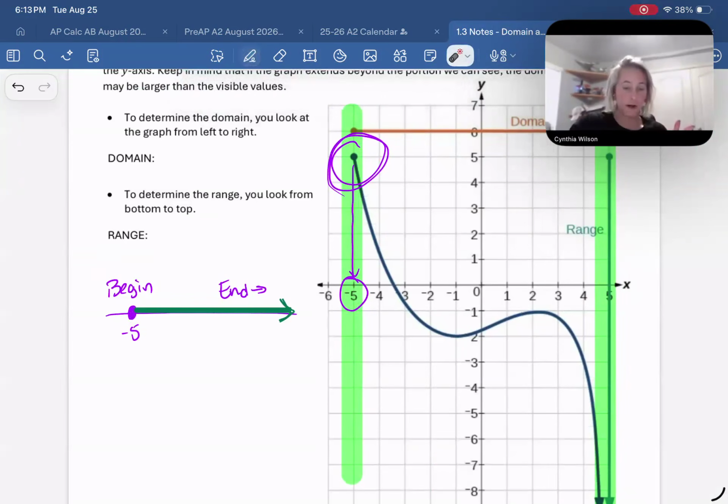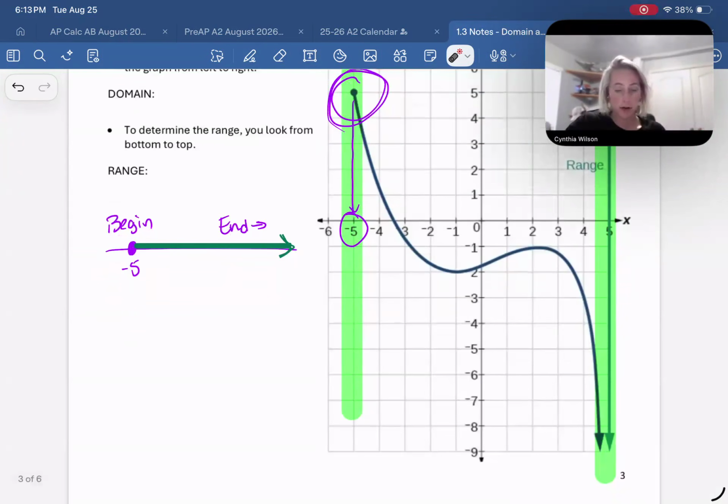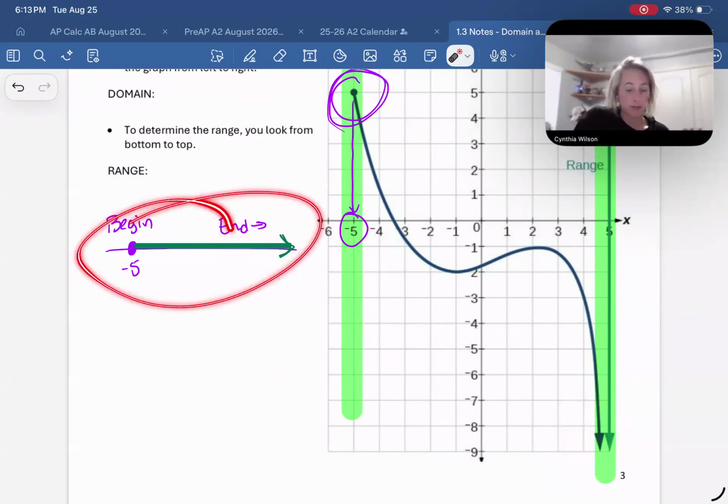On the very left side, I had a closed dot, so I closed my dot. Look at that x value, that's a -5. We look on the very left and the very right side. On the right side, I have an arrow as well, so I'm ending with a right arrow. So this is my number line.